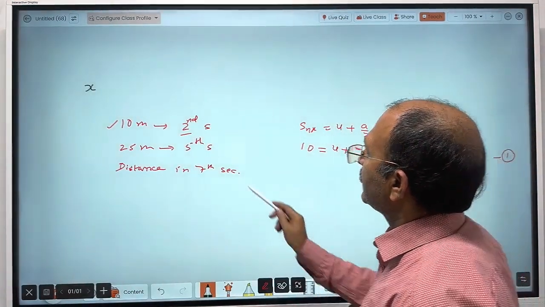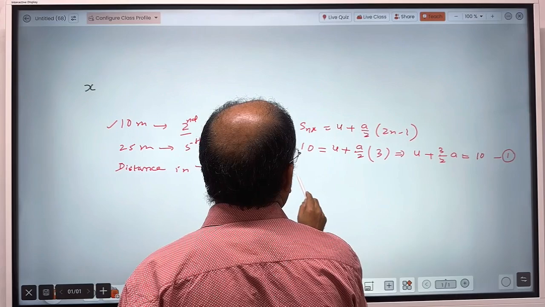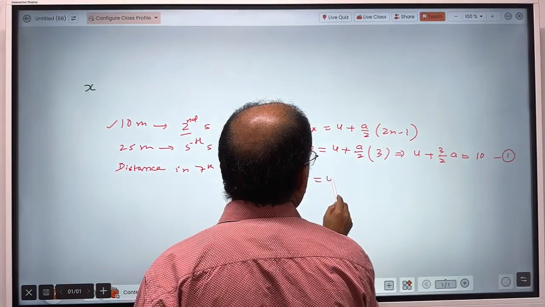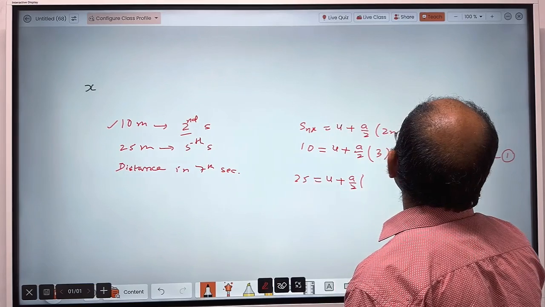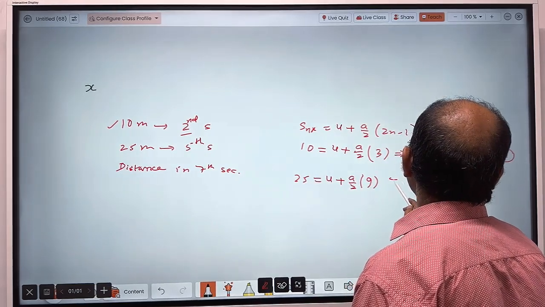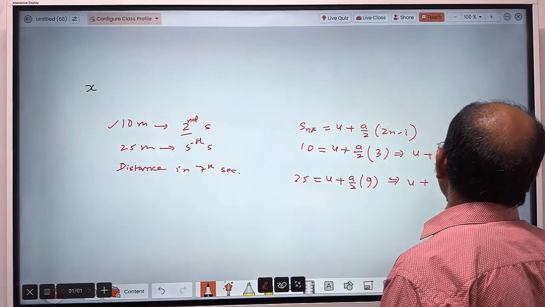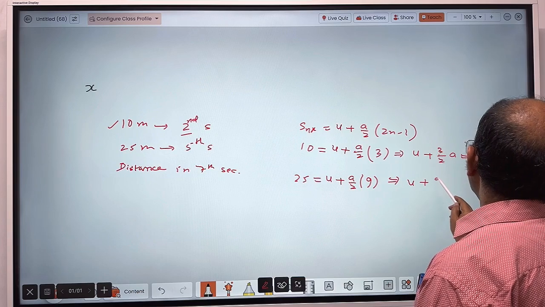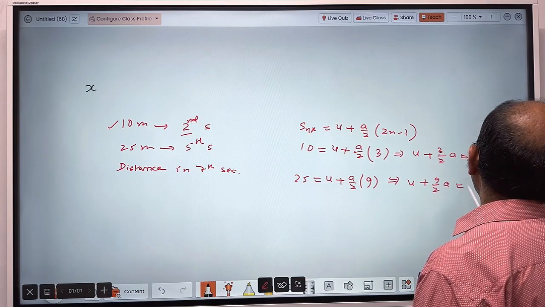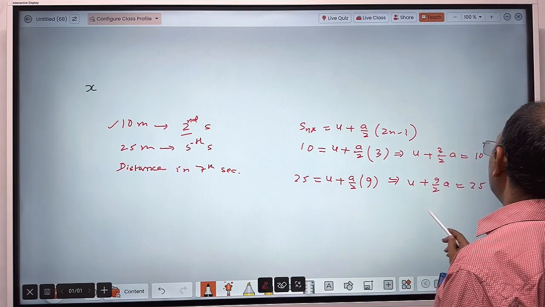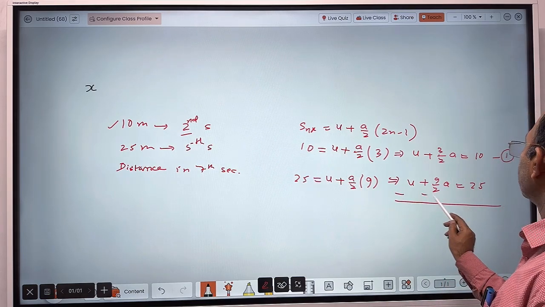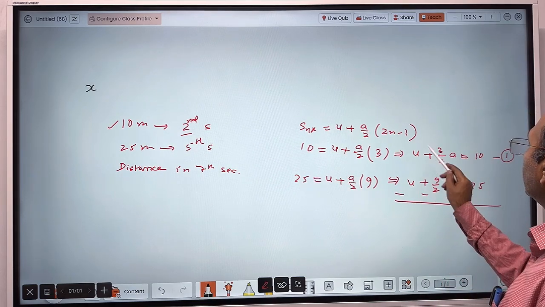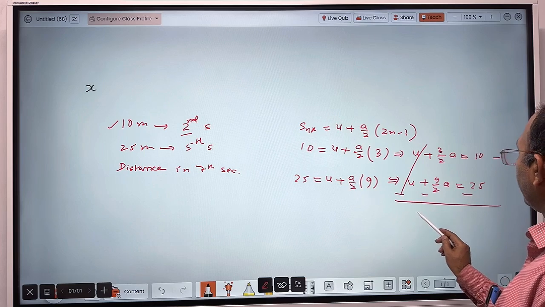Now 25 meter in fifth second. So here 25 equals u plus a by 2 into (2 times 5 minus 1), this is 9. This gives u plus 9 by 2 a equals 25. We can subtract these two equations. So this will become minus, this will become minus, this will become minus. These two will get cancelled.